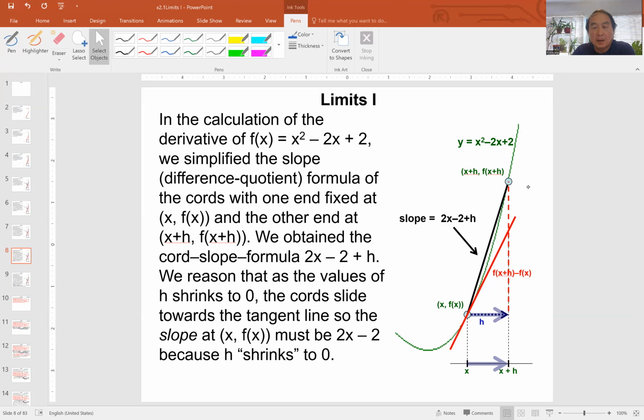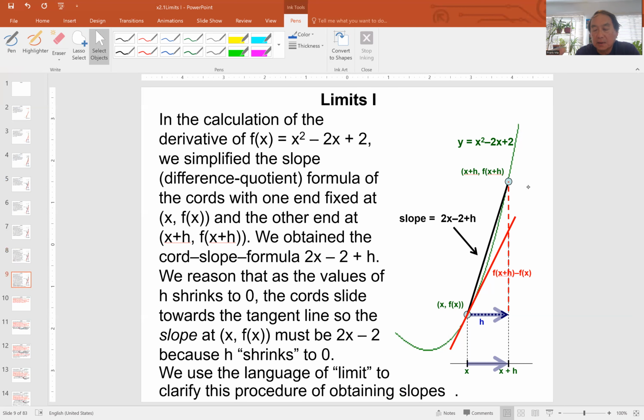So this calculation is good, except we need to clean up the language. Conceptually, we need to be clear about what we mean by letting h shrink to 0. This language is called a limit.